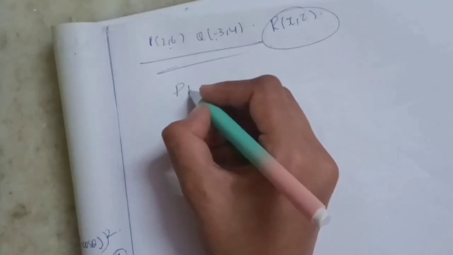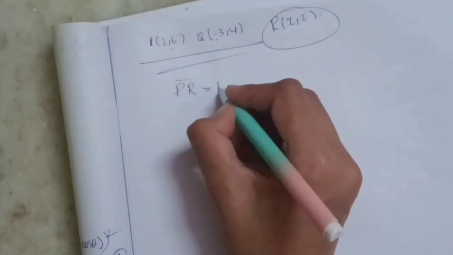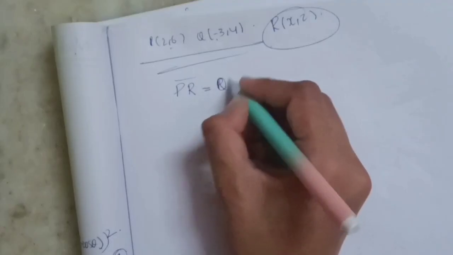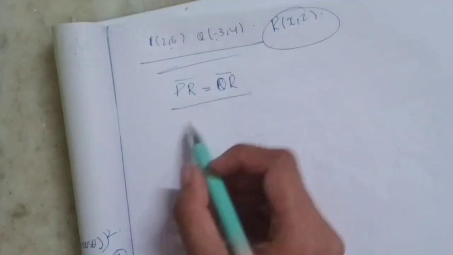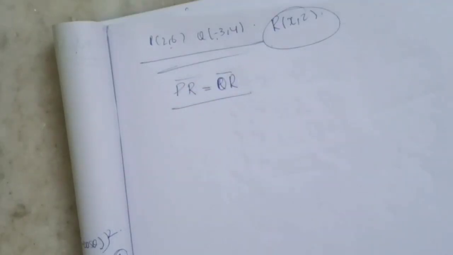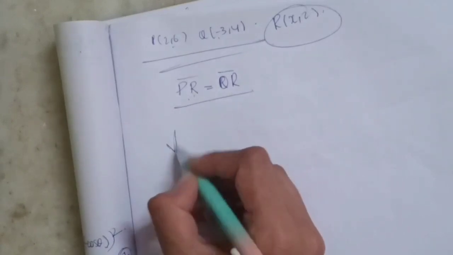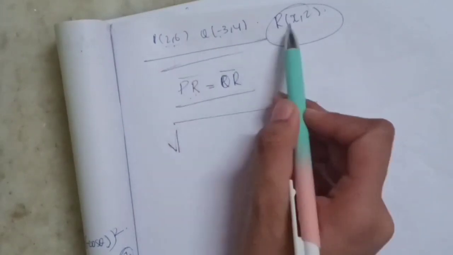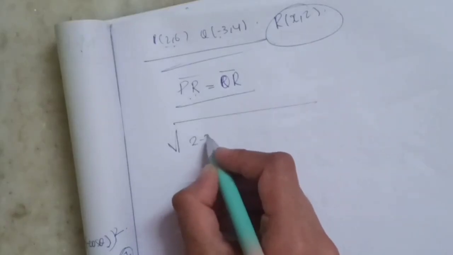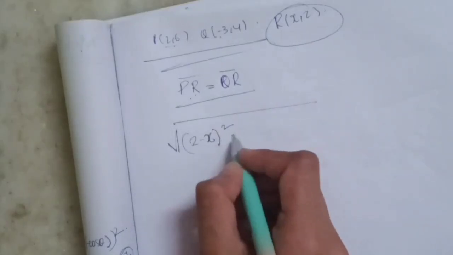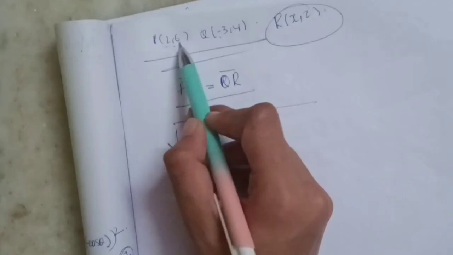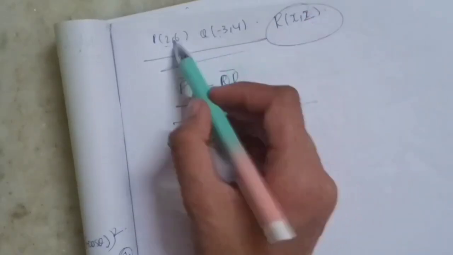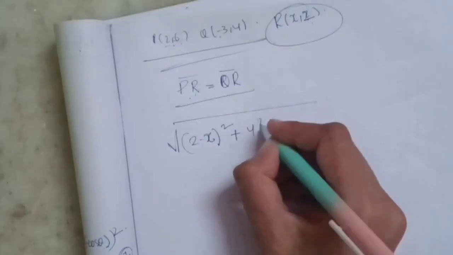So PR is equal to QR, right? So we need to find the distance. PR is equal to the square root of the difference between the x coordinates, 2 minus x, whole square, plus the difference between the y coordinates, 6 minus 2, which is 4, square.